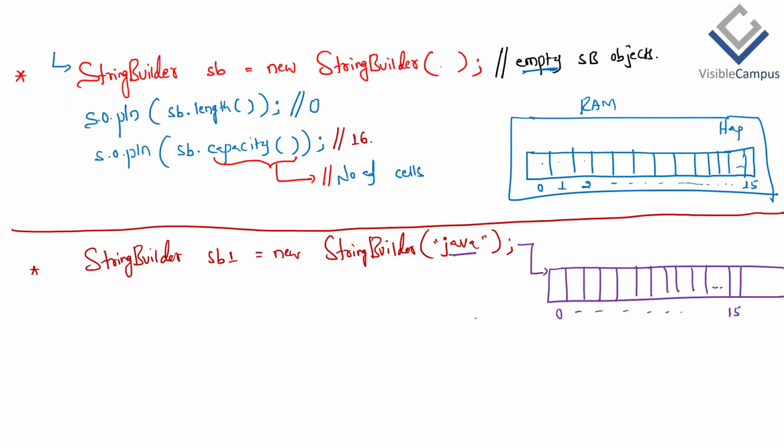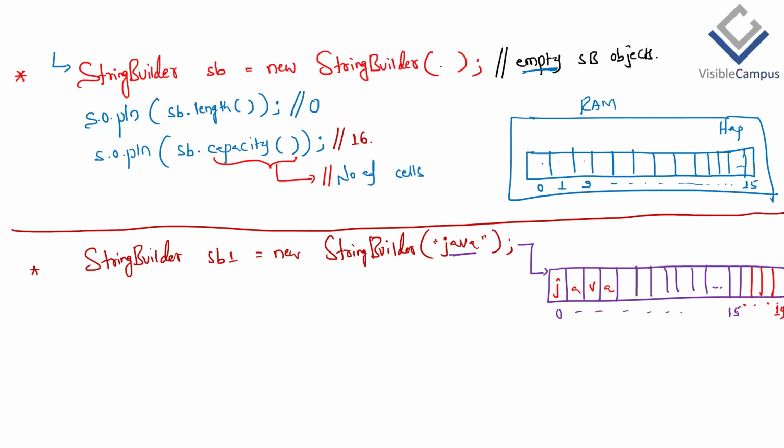Then after that, what is the value that is there? Java. It will not use the existing 16 cells. For Java to be stored, 4 more cells will be created, because one is for J, one for A, one for V, and one for A. It means indexes 16, 17, 18, 19. Then Java will be added from the available cells onwards.